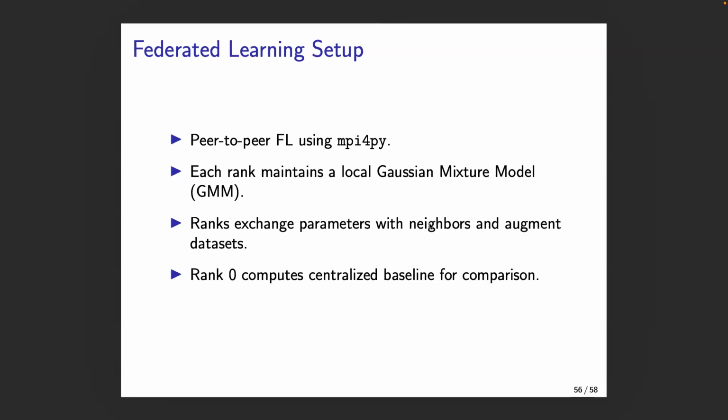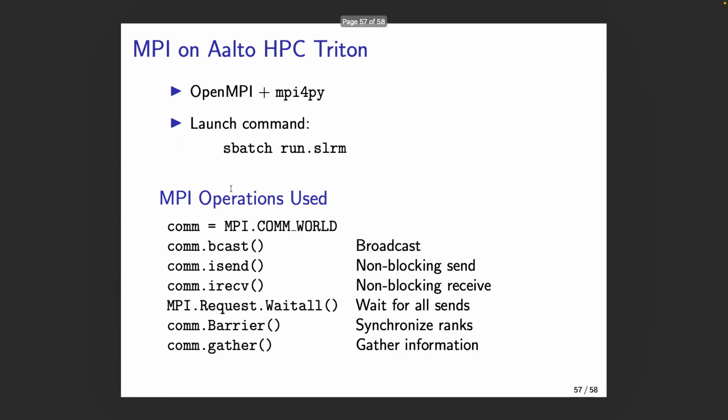Because I mostly write in Python, I also need a special library, for example, MPI for Python. In the terminology of MPI, each computing node or process is called a rank. In our federated learning terminology, a rank would mean a local node, a local data set, a local model.